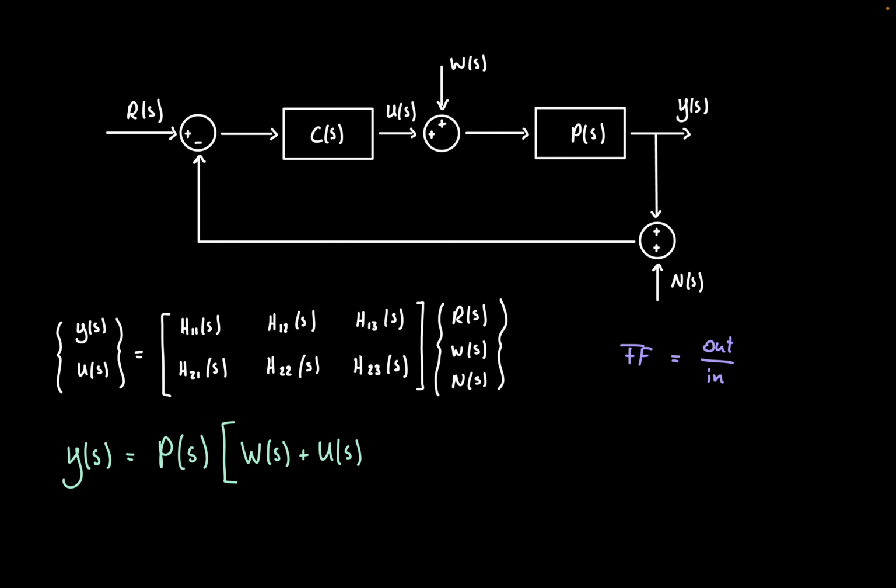So essentially what we have to do is replace U, because notice U here is an output of this transfer function. So let's simply replace U with CS times the input to this transfer function, which is going to be this branch right here. So with this branch, you can think of it as now the output of this right here, where we have R of S minus essentially this branch right here.